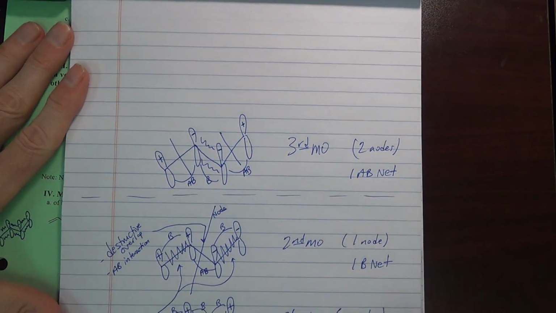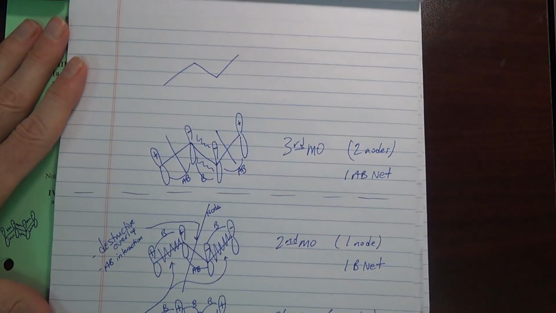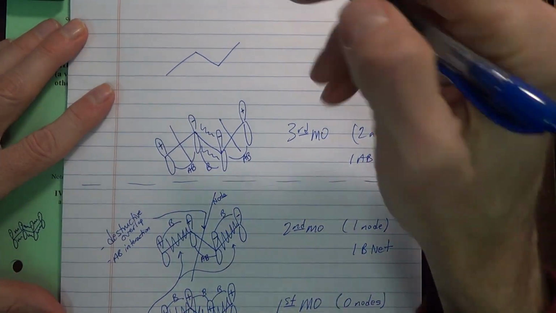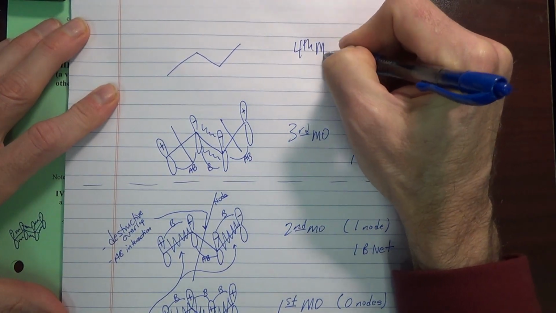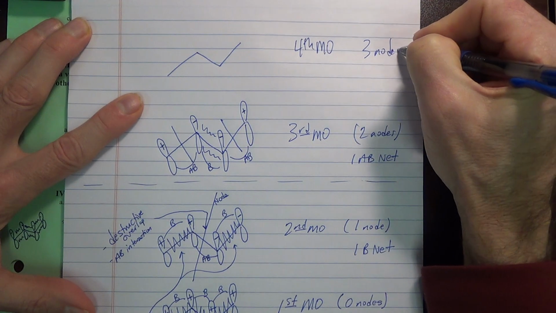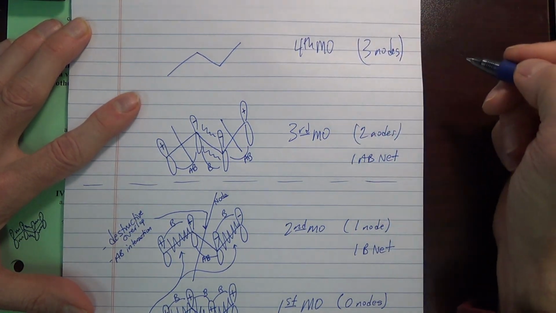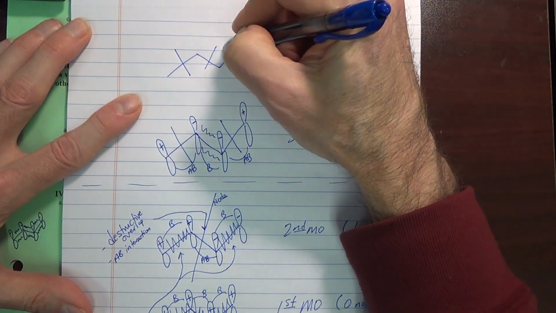Now the fourth one, instead of drawing the p orbitals, can I just use the sign? Now this is going to be our fourth, we're also going to have 3 nodes. As you go up, you increase the number of nodes. 3 nodes would be here, here, and here.